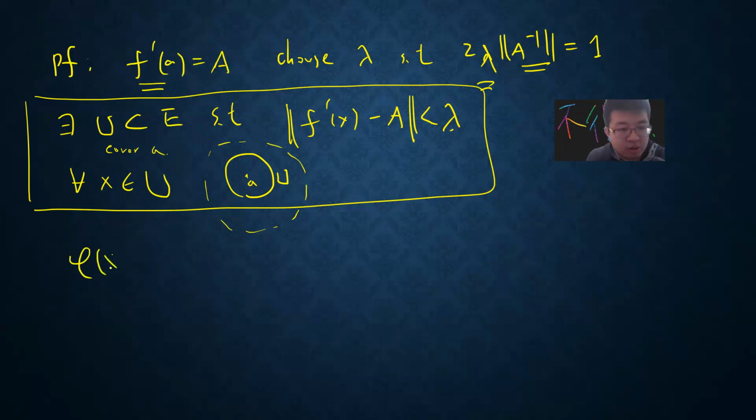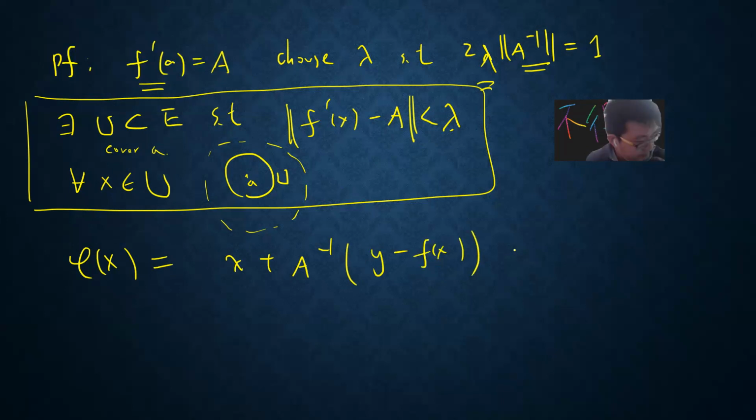Okay, so now you can define phi of x to be x plus A inverse times (y minus f of x). Given any y belonging to R^n, you fix y and define a function phi of x to be this.